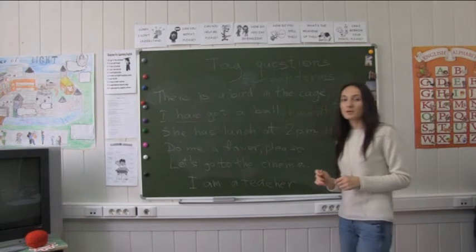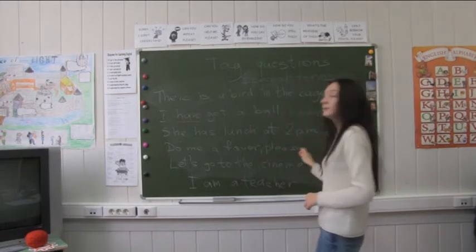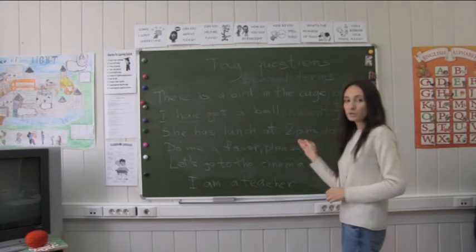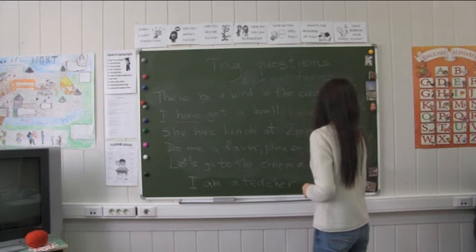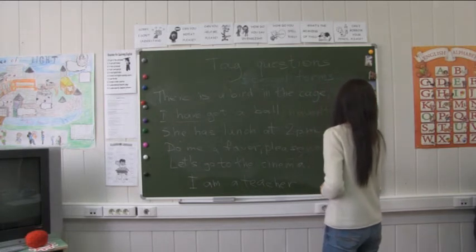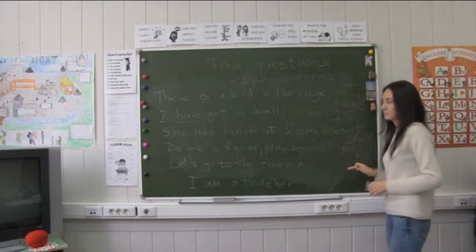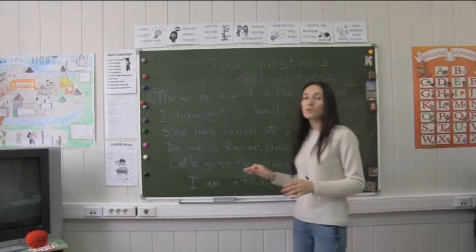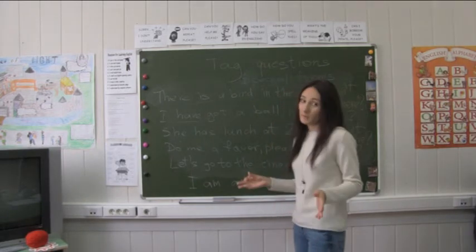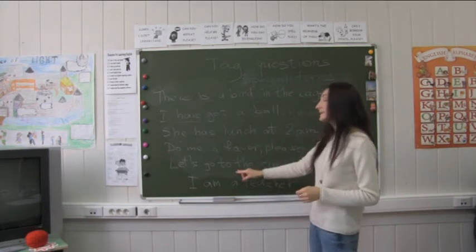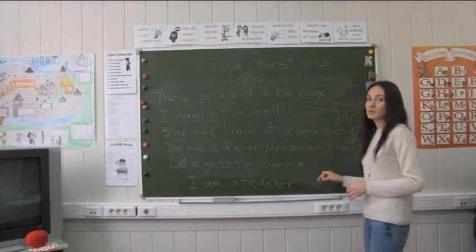If you have an imperative in your sentence, like in this example, do me a favor please, your tag question will be, won't you? If you want to offer someone to do something with you, you say, let's go to a cinema, for example. So let's go to a cinema, shall we?